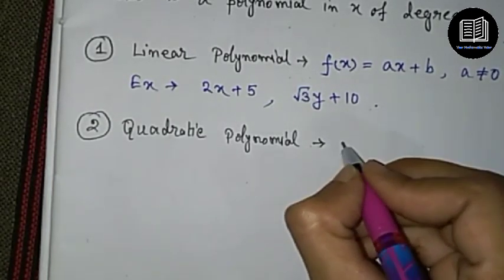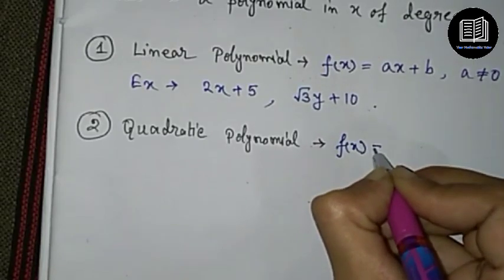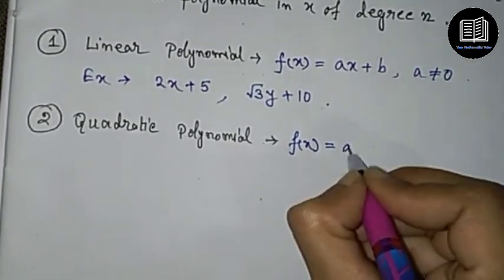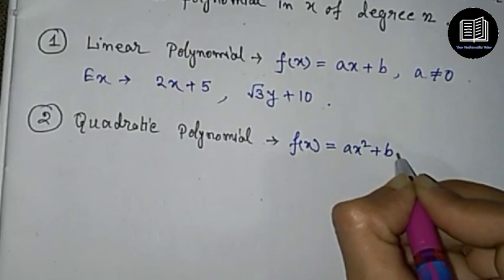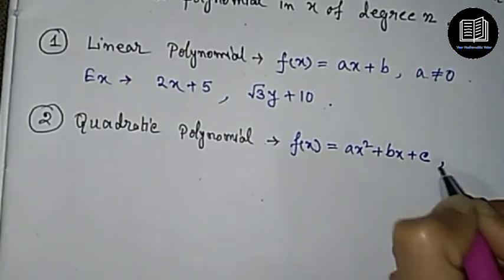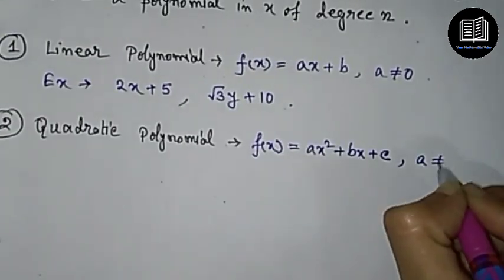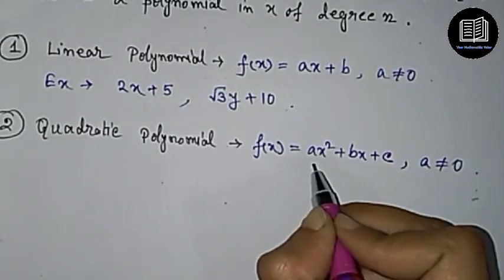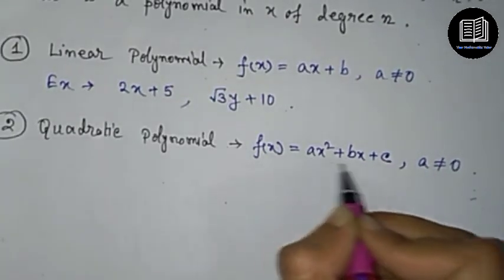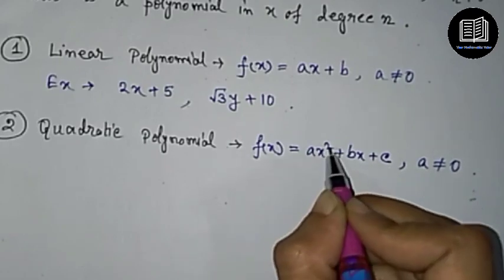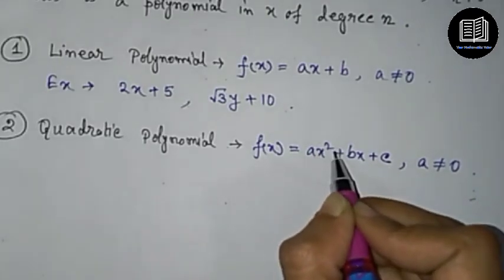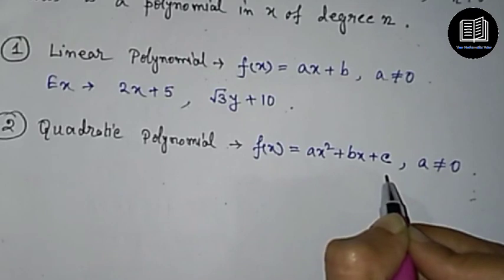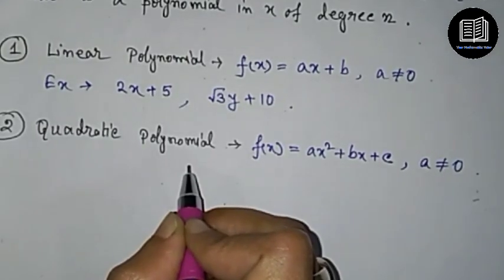That means the polynomial is of the form f(x) equals to ax square plus bx plus c, where a not equals to 0. See, here the polynomial is of degree 2. Why? Because the highest power of x is 2. So this is a polynomial of degree 2. Hence it is a quadratic polynomial.